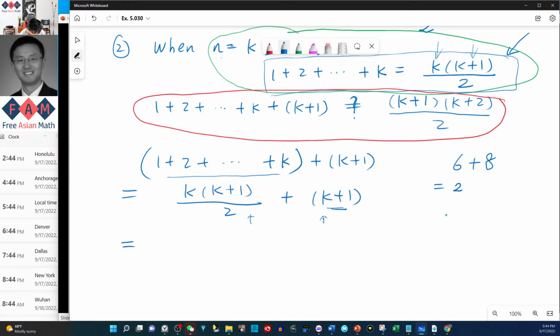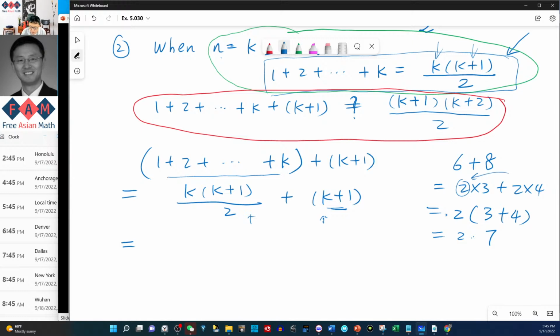We can factor out the 2 because 6 is 2 times 3 and 8 is 2 times 4. So we can factor out 2, so this will be equal to 2 times 3 plus 4. And obviously, this is equal to 2 times 7, right? And 6 plus 8 is exactly 14. That's 2 times 7. And this is called the distributive property, by factoring out 2.